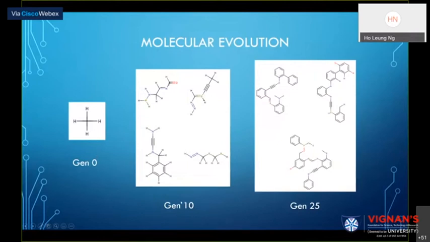After 10 generations, the algorithm is able to expand the methane to various molecules. There are actually hundreds of molecules in each generation, so these are just some randomly chosen examples. And after even more generations, we see that the molecules continue to grow in size and complexity.